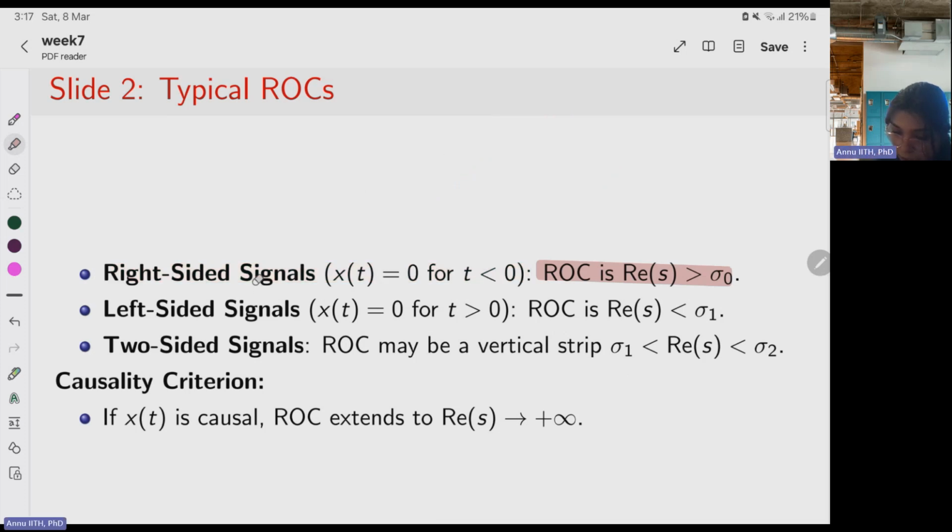If I talk about left-handed signals, x of t is equal to 0 for t greater than 0, and then the ROC is real of s less than sigma 1.